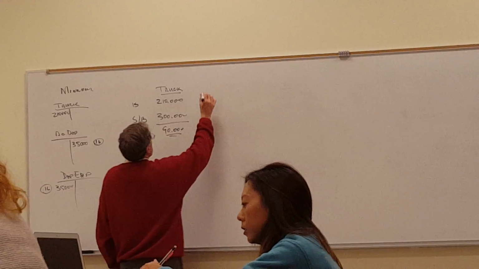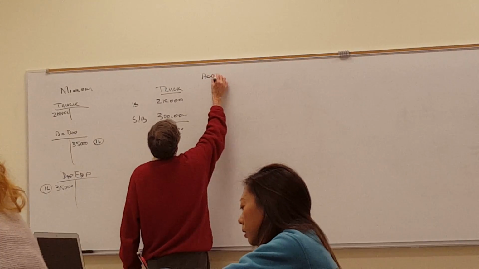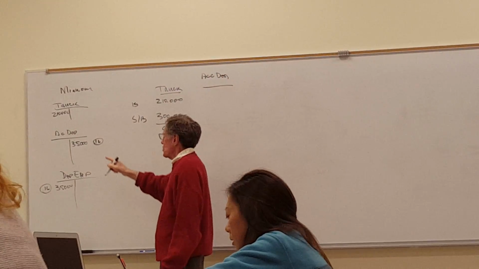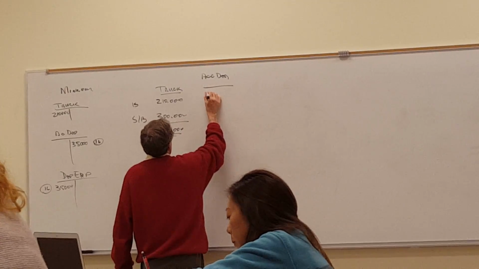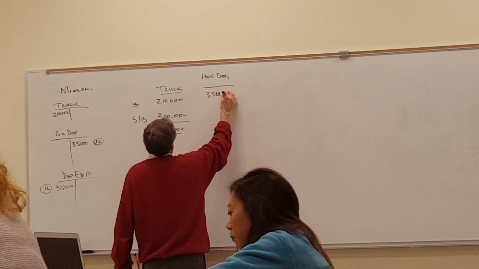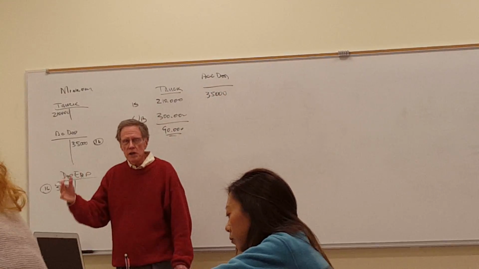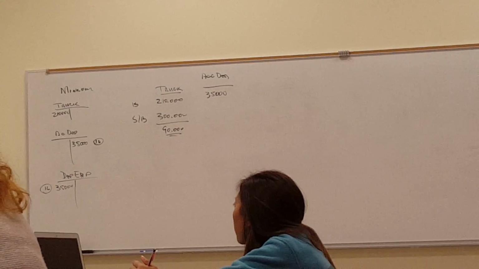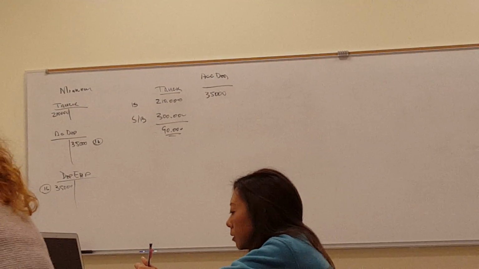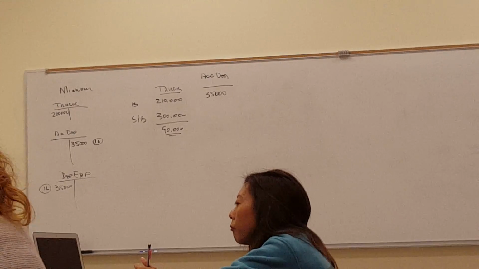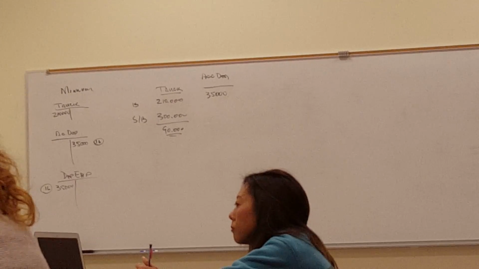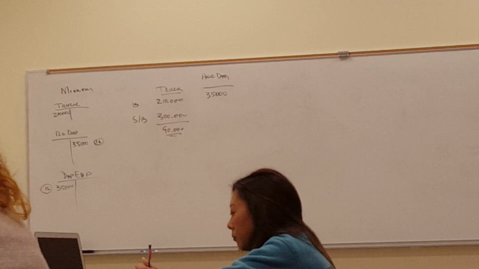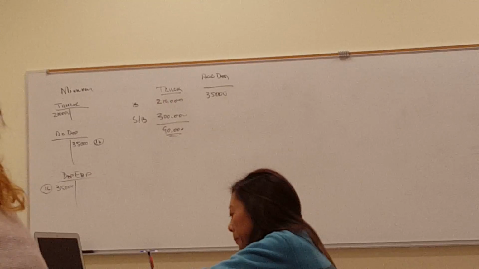We have accumulated depreciation. The accumulated depreciation on the books is 35,000. That's on the books of Minnow. What should it be? It should be the 120,000 that we had over here, plus an additional 30,000 for year 16. So it should be $150,000.